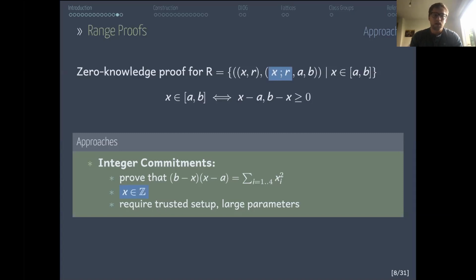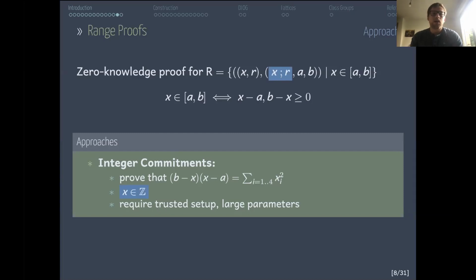And actually the important observation is that B minus X times X minus A can be decomposed as the sum of 4 squares. This is a number theoretic result from quite some time ago.